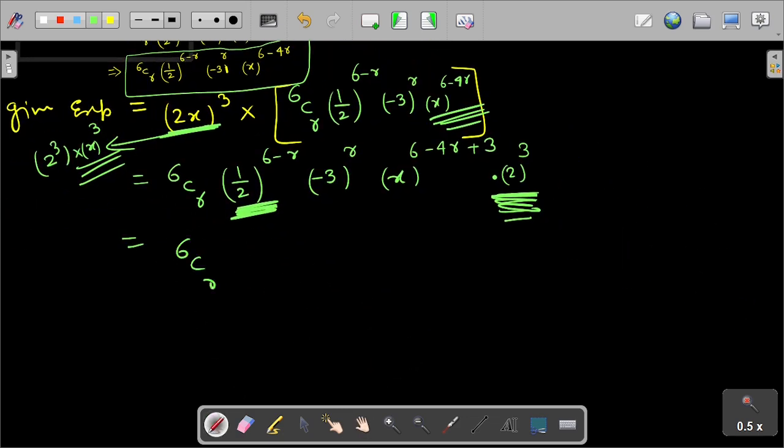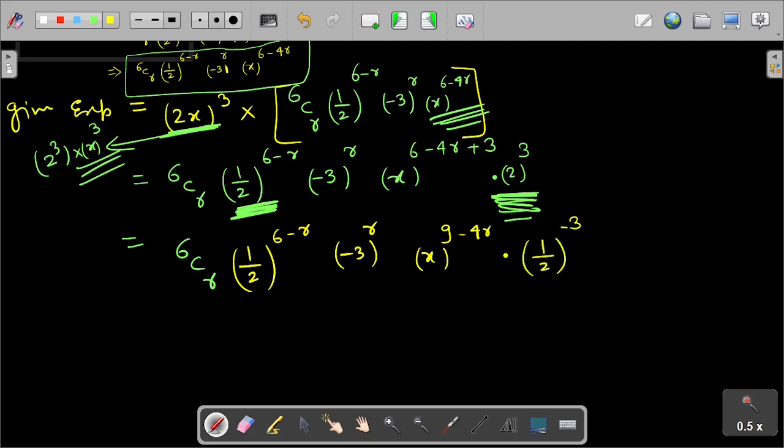So this is 6Cr and this is basically 2 raised to power 3; either you make it 2 or you make it 1/2. I am writing 1/2, no problem. So this is (1/2) raised to power 6 minus r, this is (-3) raised to power r, this is x raised to power 9 minus 4r, and this is equivalent to (1/2) raised to power minus 3, isn't it? I have shifted this 2 to 1/2. Now this can be simplified more.